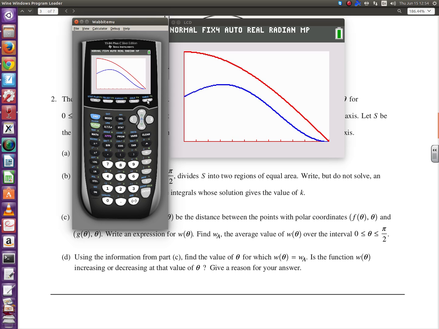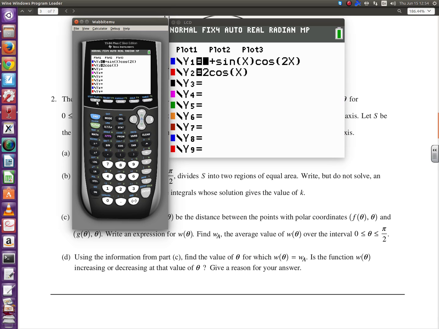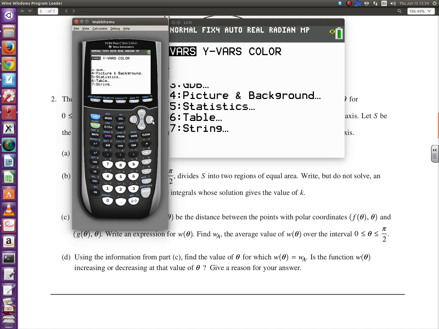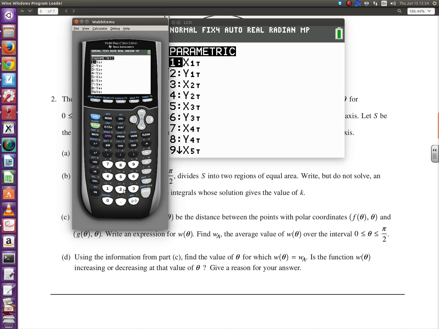Oh, I misread the question. I'm sorry. I don't want to graph f of theta, which is y1, and g of theta, which is y2. Turn that off. I want to graph w, which is g minus f. In other words, y2. Ah, no wonder.